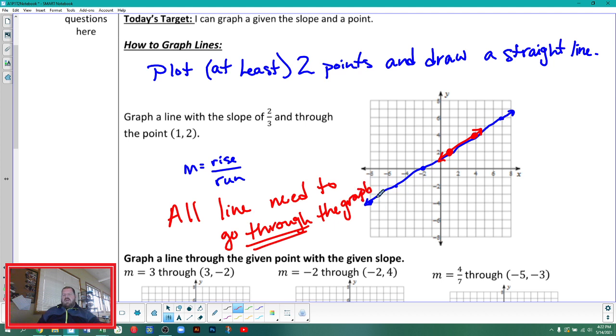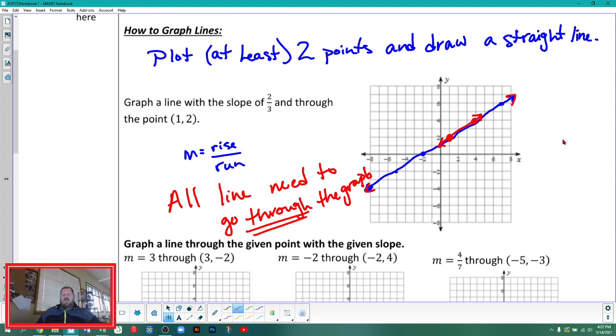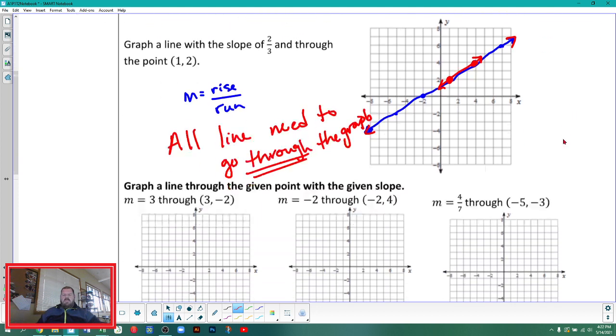So what do I mean by that? I want these lines coming out to the boundaries. I want to see what the low end looks like and the high end. I want to see everything that I can. And that's a pretty big rule for me.